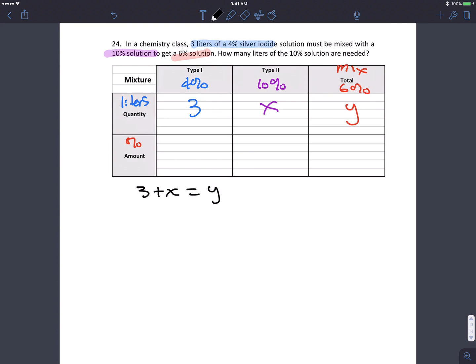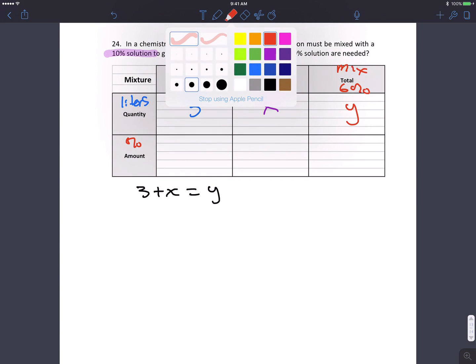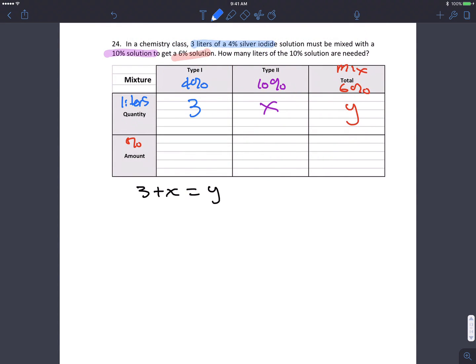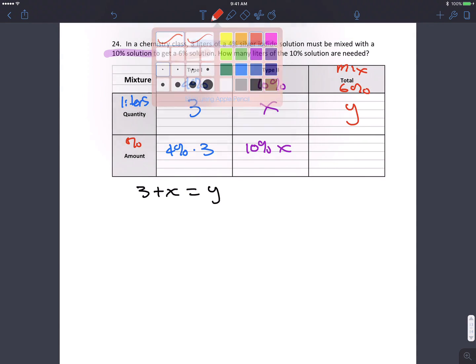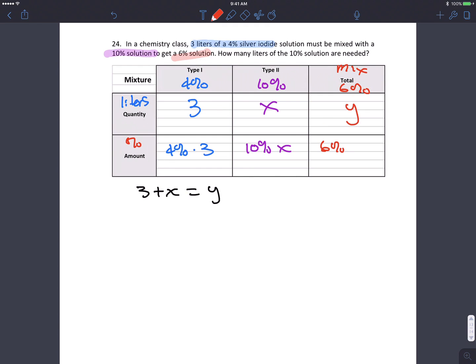The rest we're going to get by multiplying. So notice 4% of 3. Multiply these two. 4% of 3 plus 10% of x should give us 6% of y. 4% of 3, now that's 0.04 times 3.